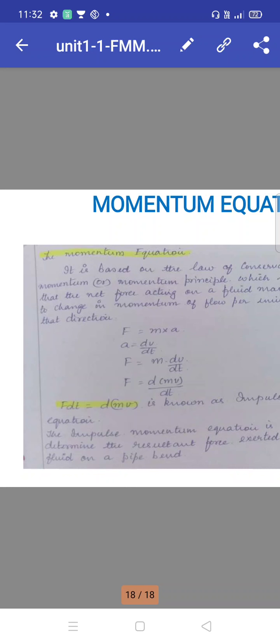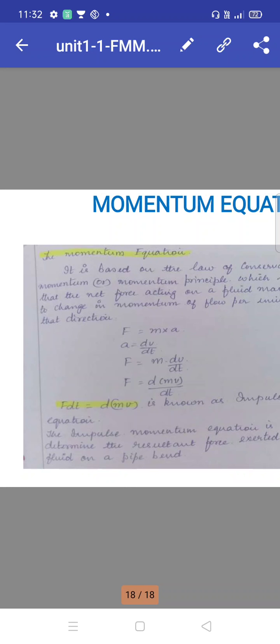So force is equal to m into a, where acceleration is dv by dt, the change in velocity by change in time. So F is equal to m dv by dt.